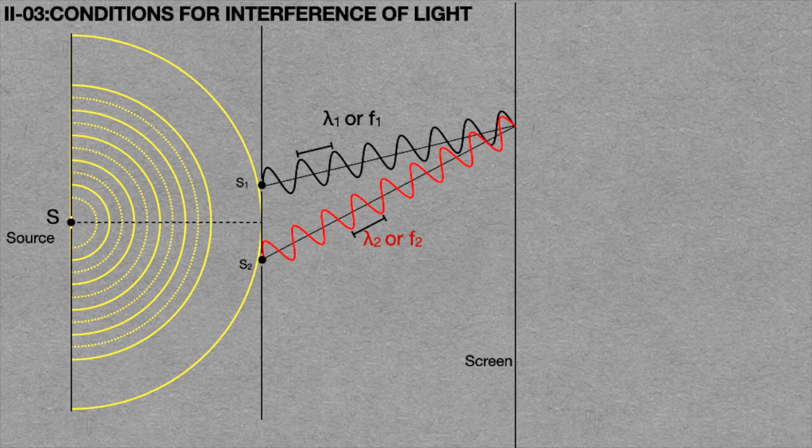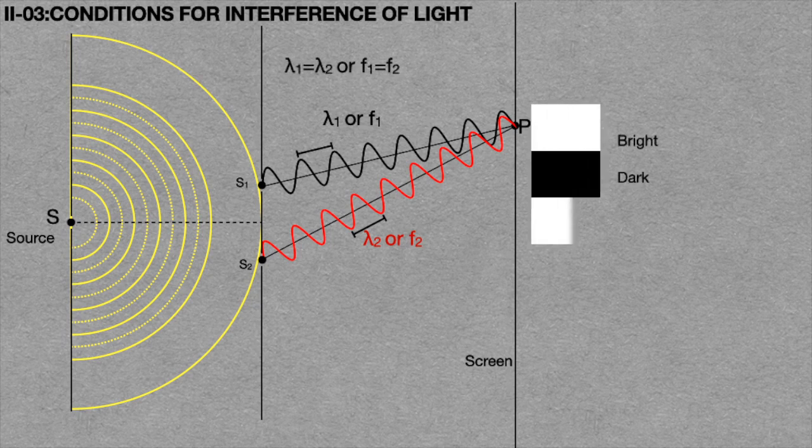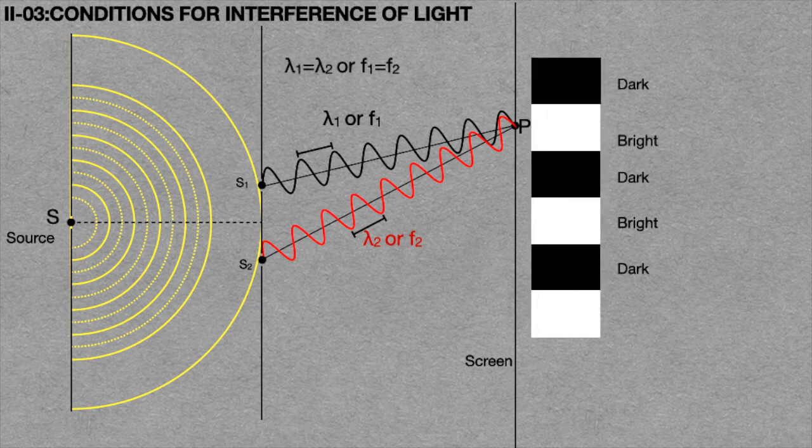If these two waves are superposed and form an interference pattern at point P on the screen, then it must satisfy the condition lambda 1 is equal to lambda 2, or f1 is equal to f2. Then only a stable interference pattern is formed.